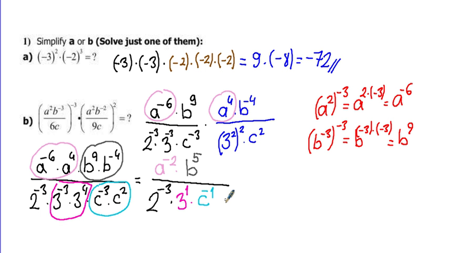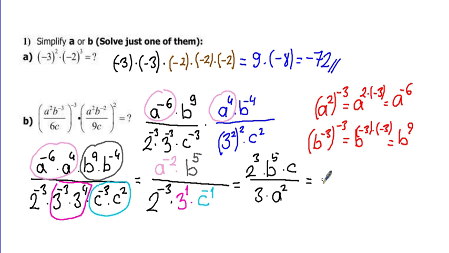So let's organize these terms. I move the negative terms to the other side of the fraction. I will have 2 cubed and b to the power of 5 and c over 3 and a squared.